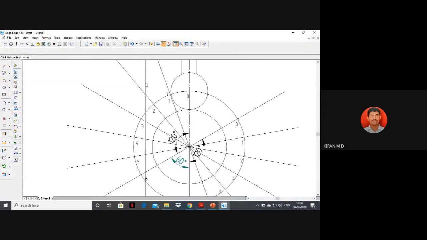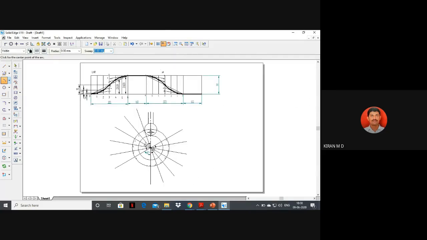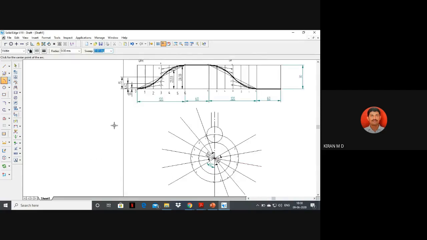You can see here, it has given the 1.67 point. So next is 6.62. Take the compass, this as the center, 6.62 is the radius and draw an arc. Then go to the center point. So next is 15.